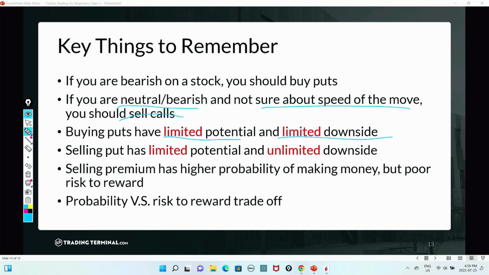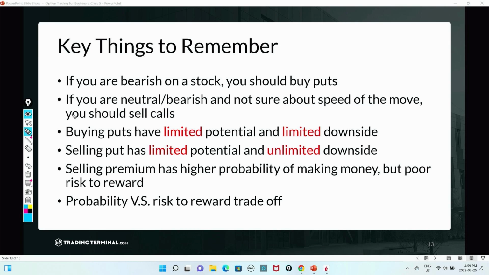Selling calls, my apologies, this has to be selling calls. Selling calls has limited potential and unlimited downside because you're short selling that stock. So selling premium has higher probability of making money but poor risk to reward, and you should always pay attention to the probability versus risk to reward trade-off.